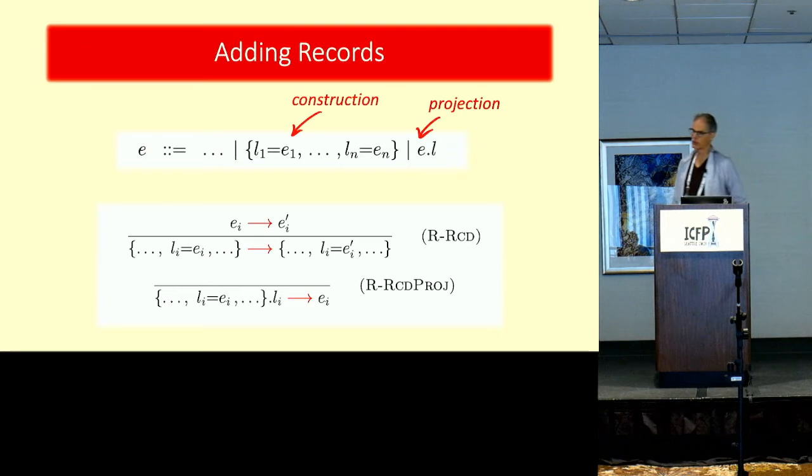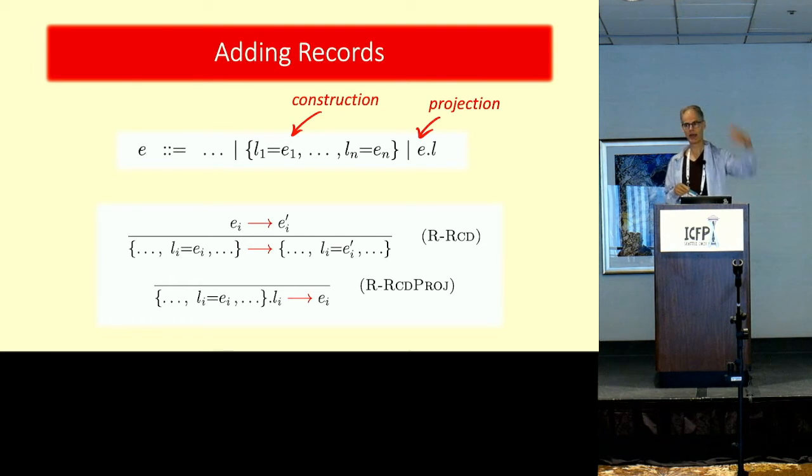Let's make it a little more interesting so that we have some things to talk about with subtyping. Let's add records. To add records, it's very easy. We need to add a record construction syntactic form, which we'll write with curly braces as usual, and record projection. And then we need some reduction rules. So the rule on the bottom is the analog of the beta reduction rule for records.